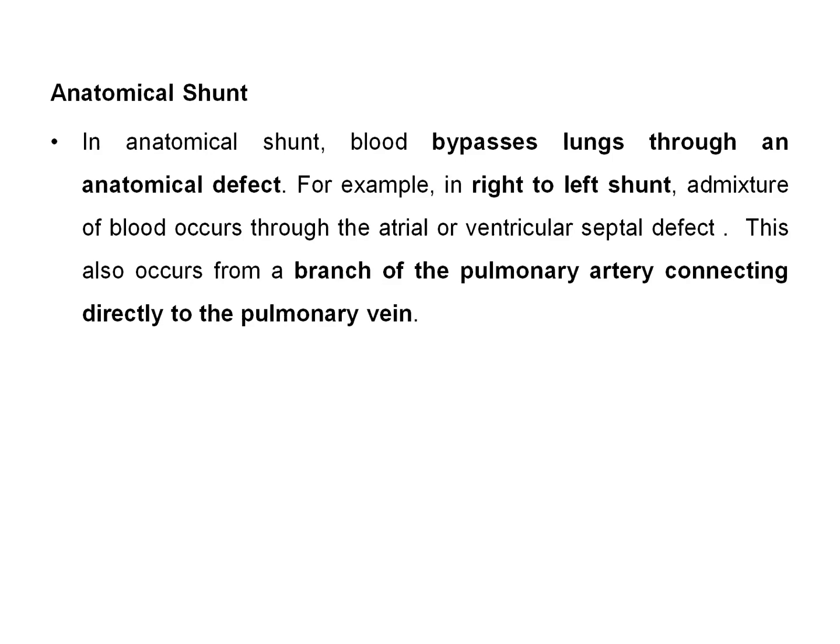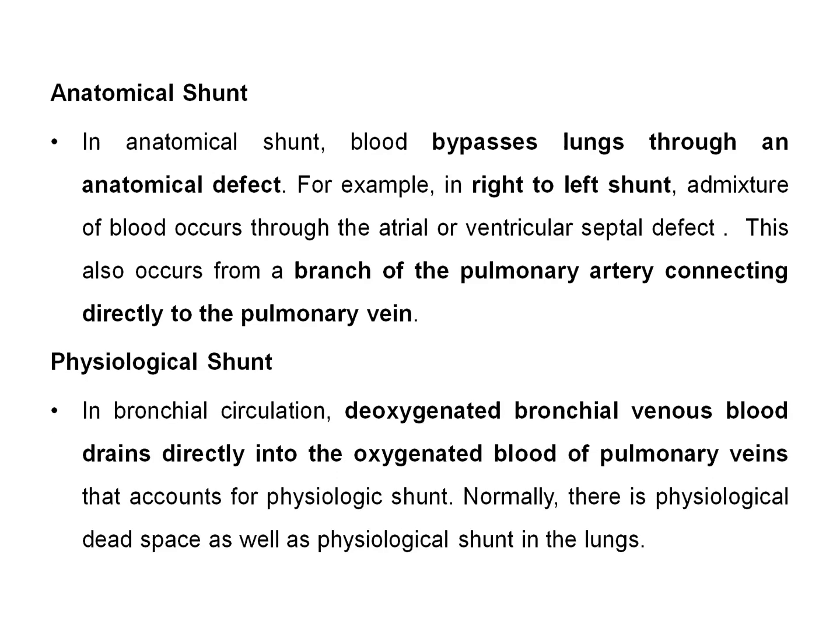So if these anatomical defects are there, then it will cause an anatomical shunt. Also, there can be a physiological shunt. Here in bronchial circulation, deoxygenated bronchial venous blood will be draining directly into the oxygenated blood of pulmonary veins.